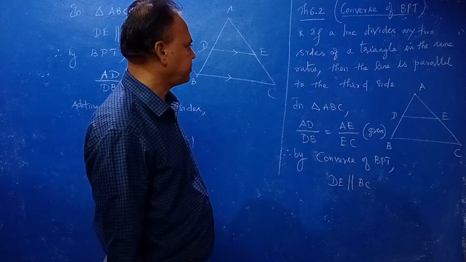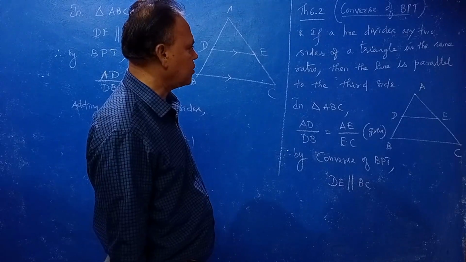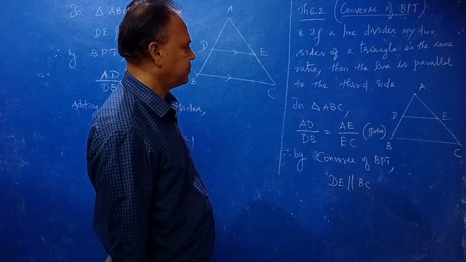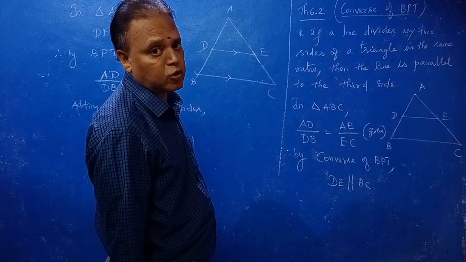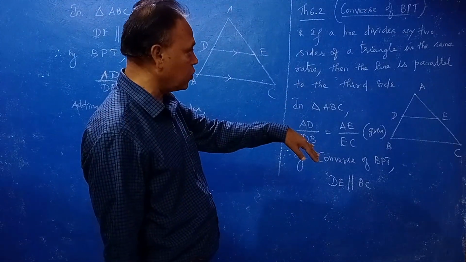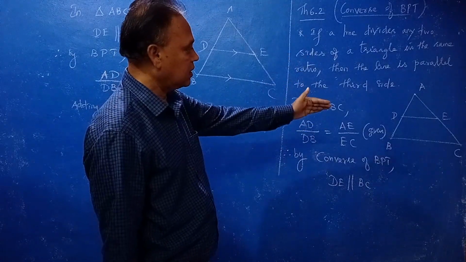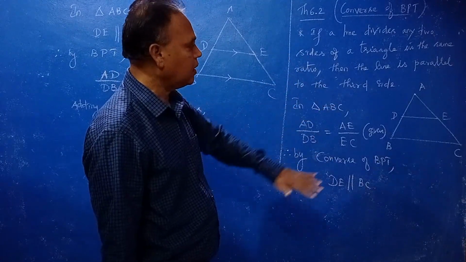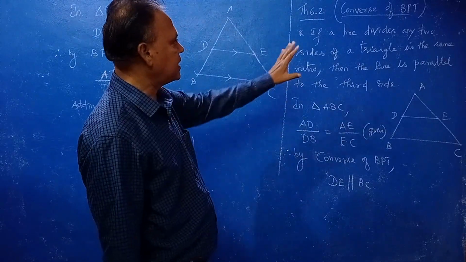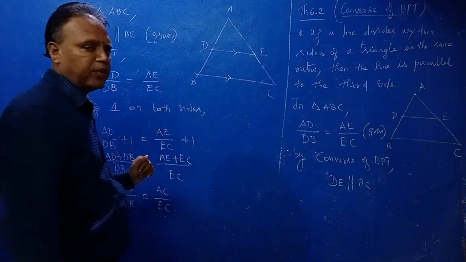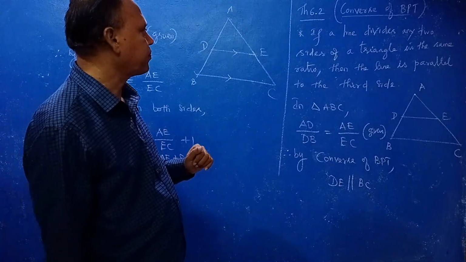Clear? The line is parallel to the third side. So the line is dividing two sides in the same ratio, then the line is parallel to the third side. That is what the converse of BPT says. Understand?